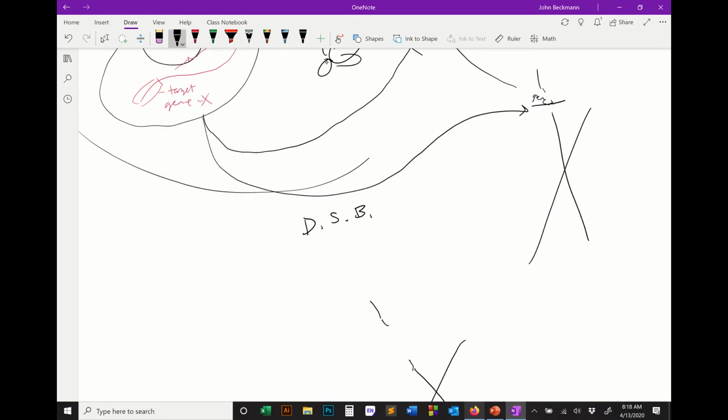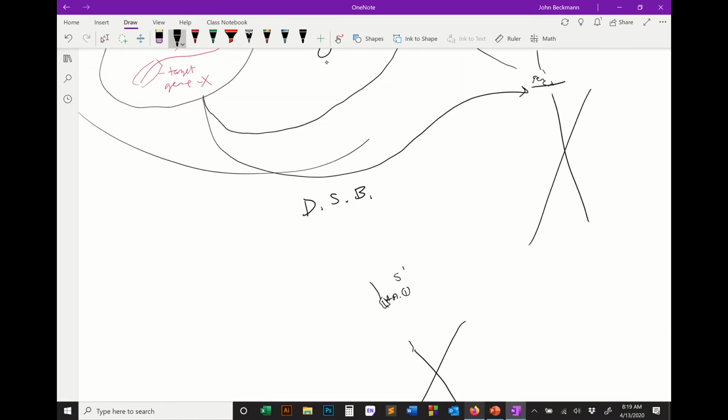It's going to be the homology arm 1, which we chose 5'. It's going to be the Cas9. It's going to be the guide RNA. And it's going to be our modified gene X.